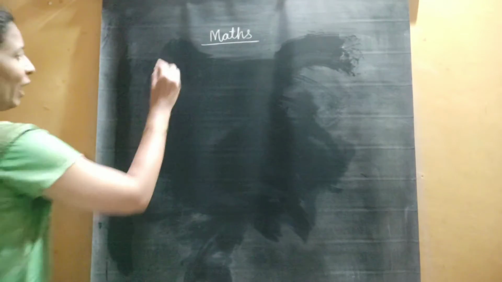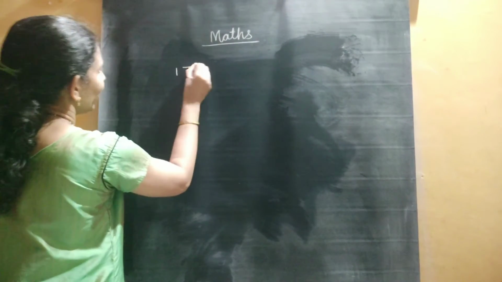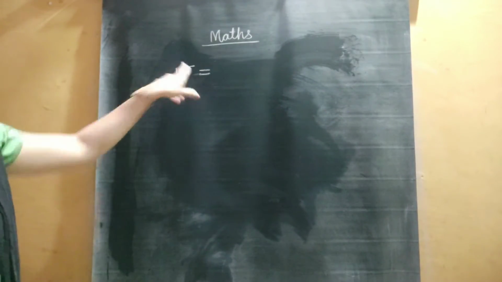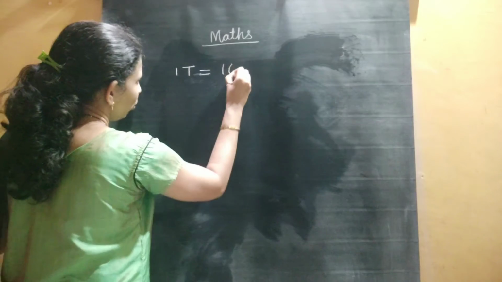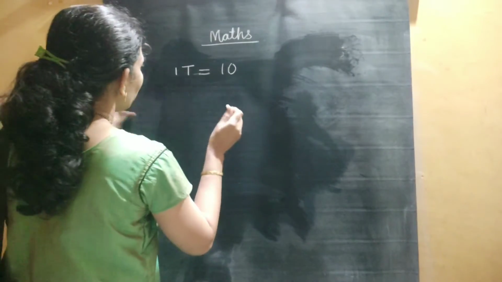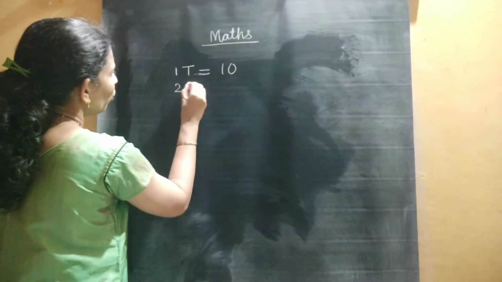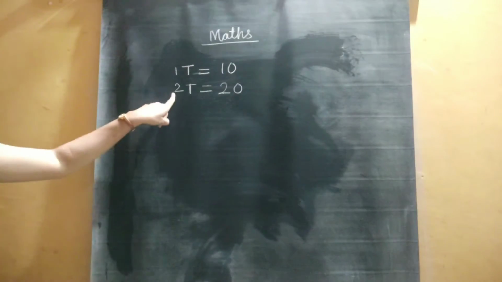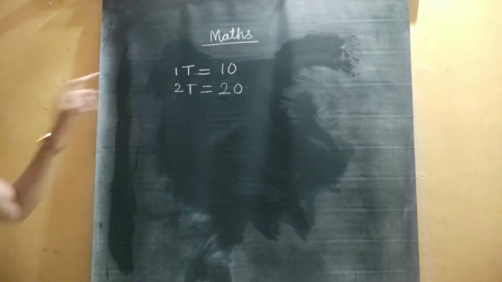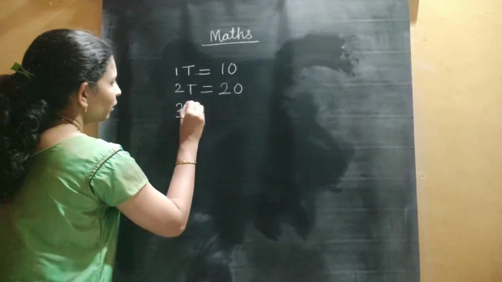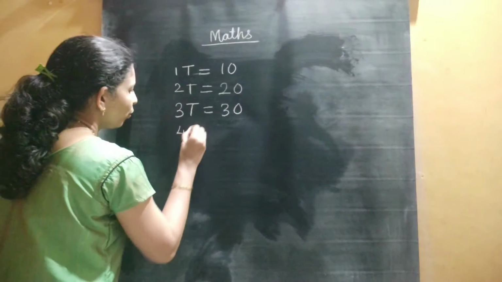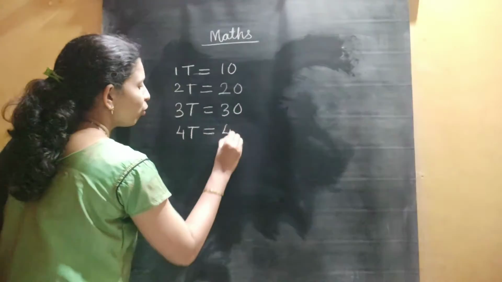So students, we have learned 1 tens is equal to 10. So 2 tens is equal to 20, 3 tens, 30, 4 tens, 40.